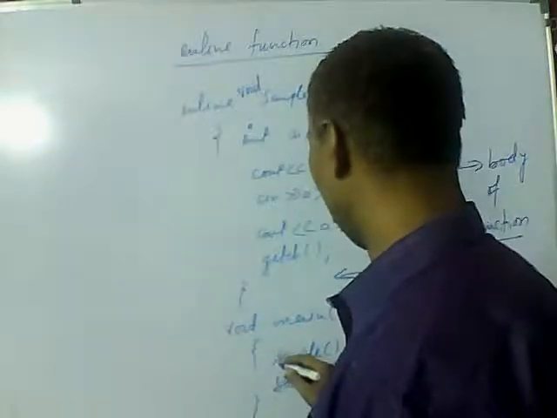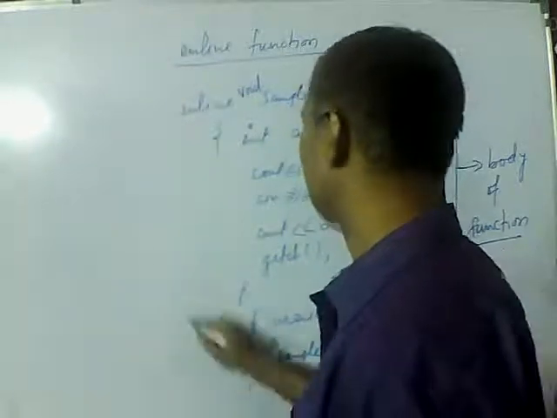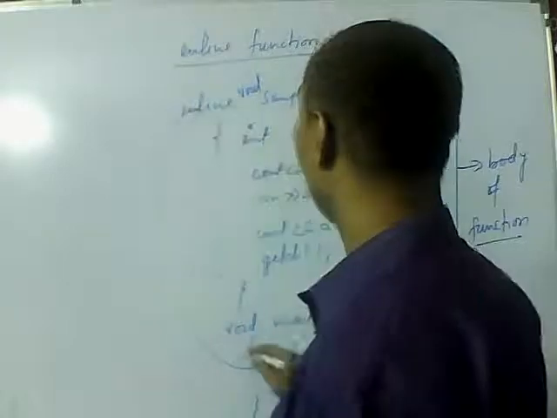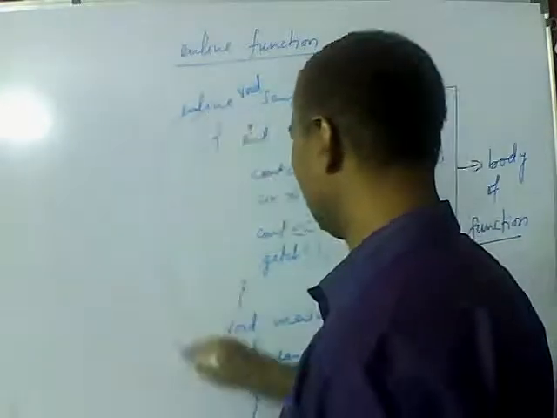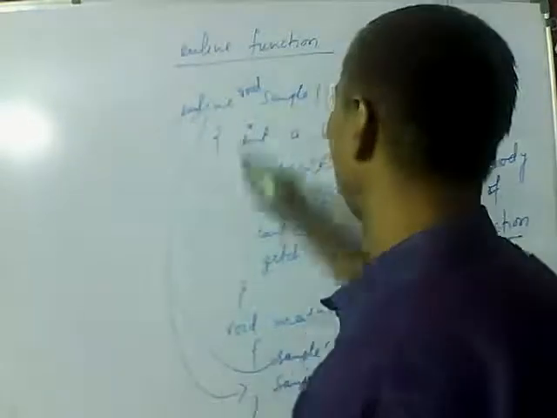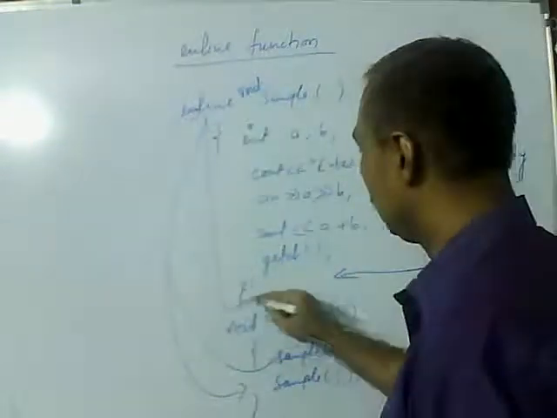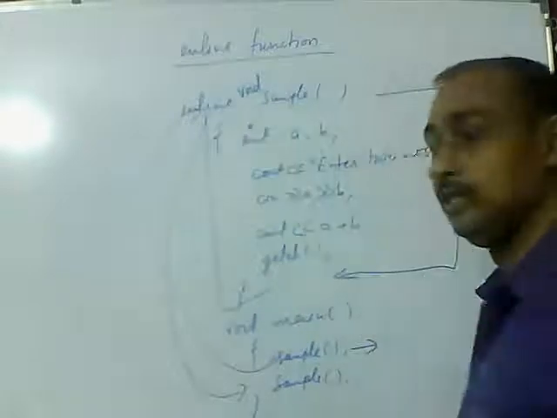Whenever we are calling a function, if that is not an inline function, the compiler has to change the instruction. It has to go up and it has to come down after completion of the execution of this statement.